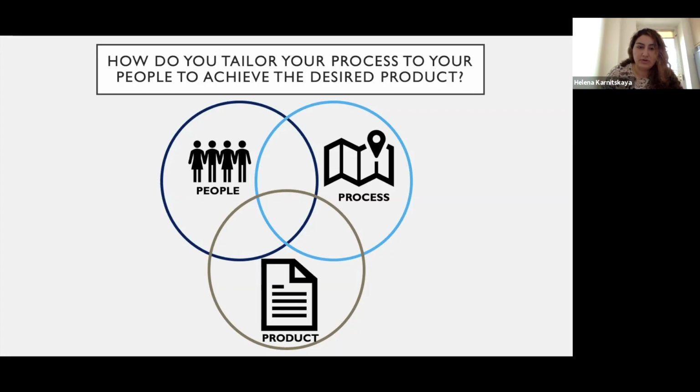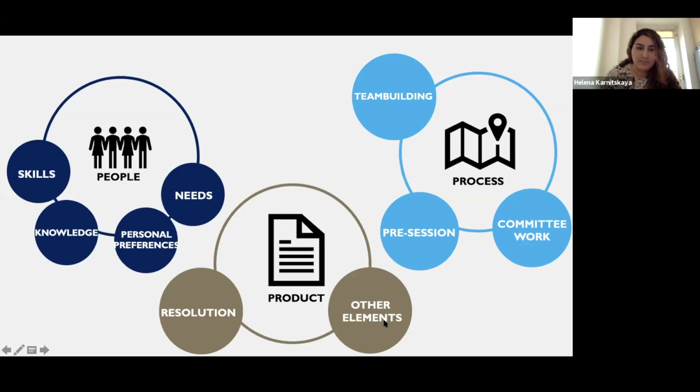So if we define the product, the people, and the process, thinking about the people to begin with, these are some of the elements we can put against people to give more context in terms of what we actually mean. Starting with skills: what skills do the people in your team or your group have?